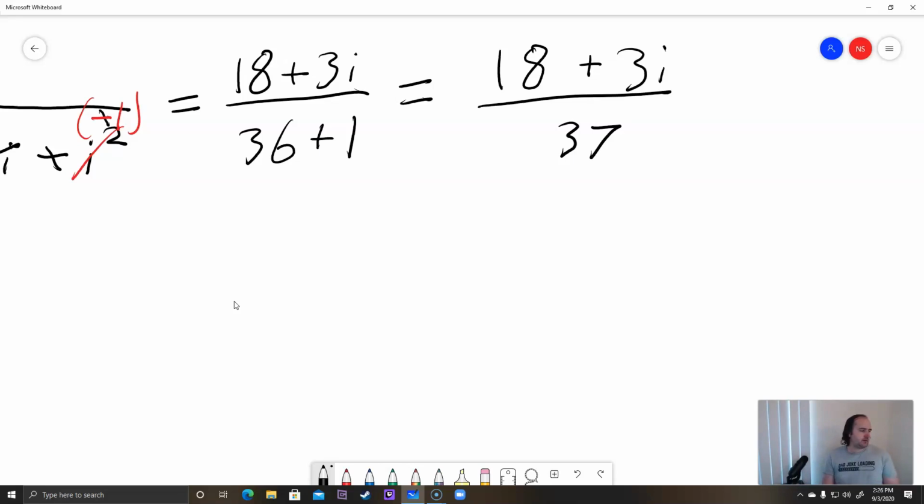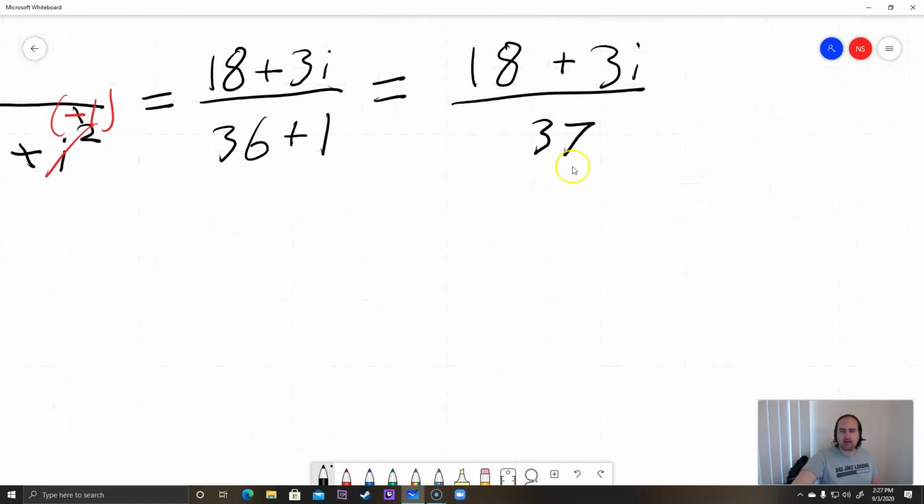And the thing is, the way we have it written now, it's not written in standard form. Remember, you have to always write your answer in the form a plus bi. So to finish writing it as a plus bi, we have to distribute the 37 to each term. So that's what we're going to do as our last step.